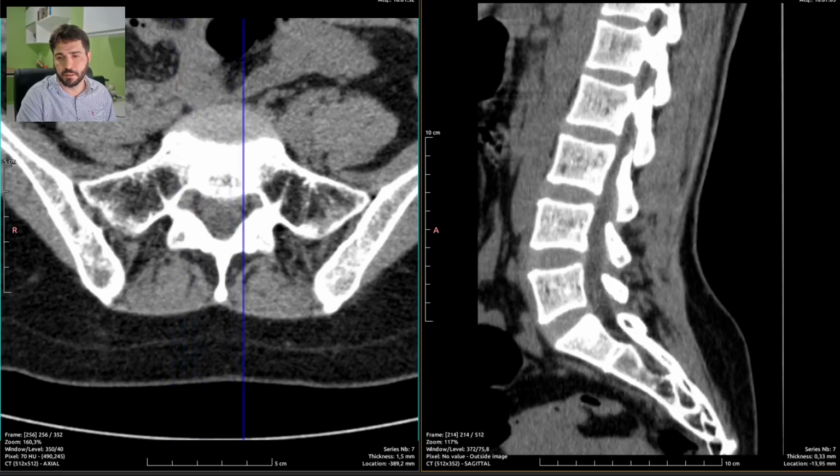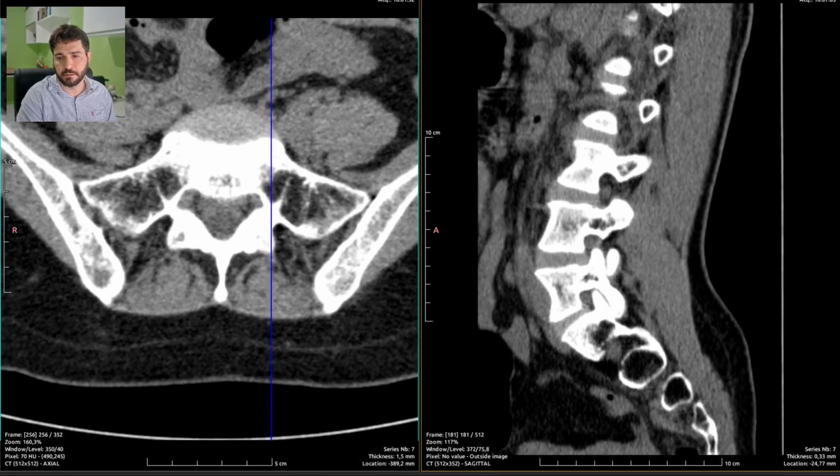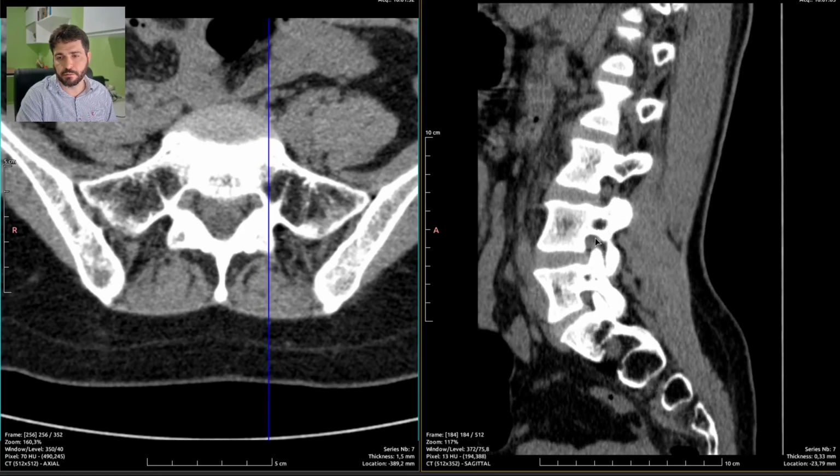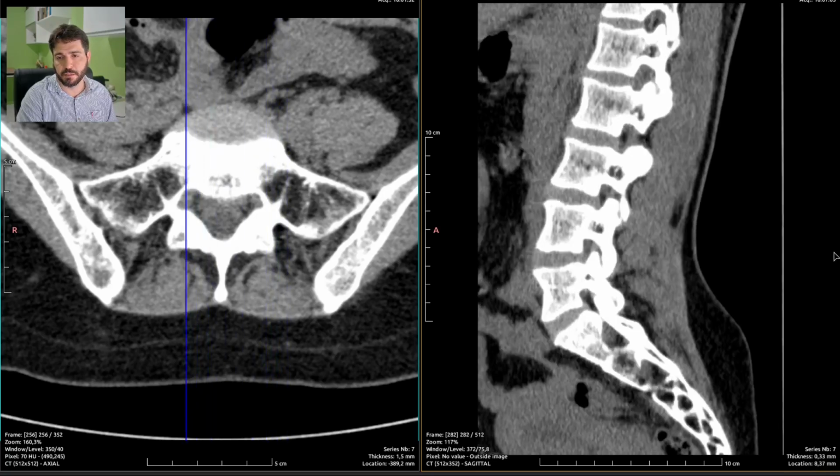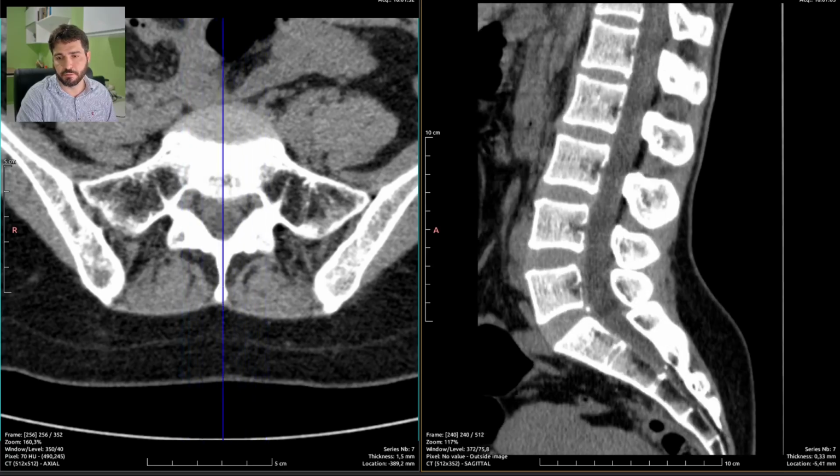Let's see the left side. I can also say that the yellow ligament and the bone margin are in contact with the nerve root, which can justify pain. So there is mild stenosis of this neural foramina.